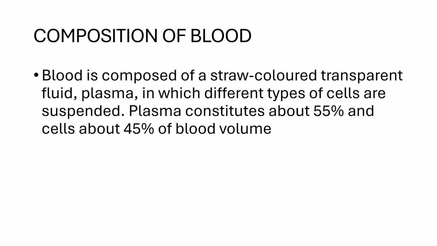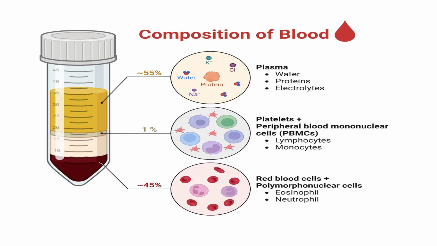The blood itself consists of a straw-colored transparent fluid. That's why if you get a blood sample and you leave it for a while, let me go to the next slide so you can see it.